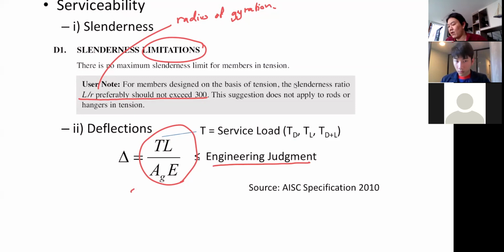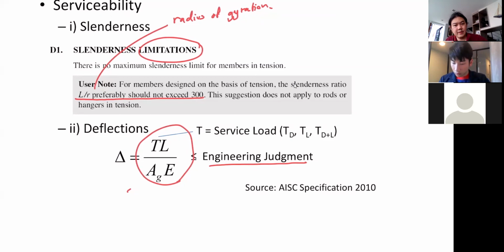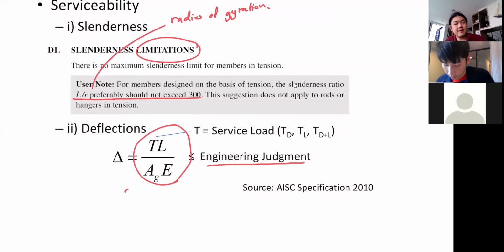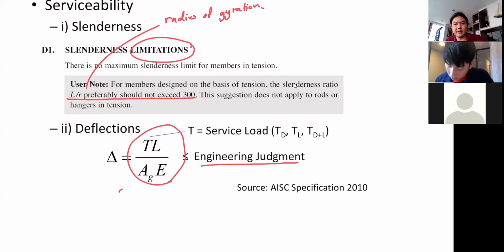So it's based purely on engineering judgment. So it would not be a bad idea for you to determine this kind of design criteria at the very beginning of the project. Okay, just to make sure that you are not only going to make sure that your member is strong enough, but you will also make sure that your member will be serviceable as well.